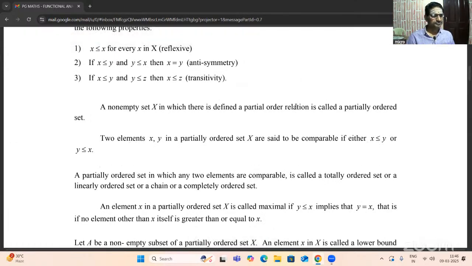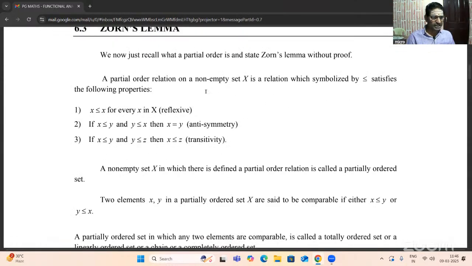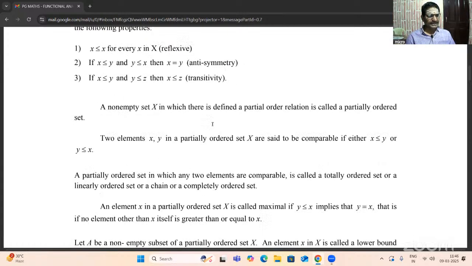A partially ordered set means that the partial order relation must satisfy these three properties: reflexivity, anti-symmetry, and transitivity. When these three are satisfied, that is called a partial order relation.